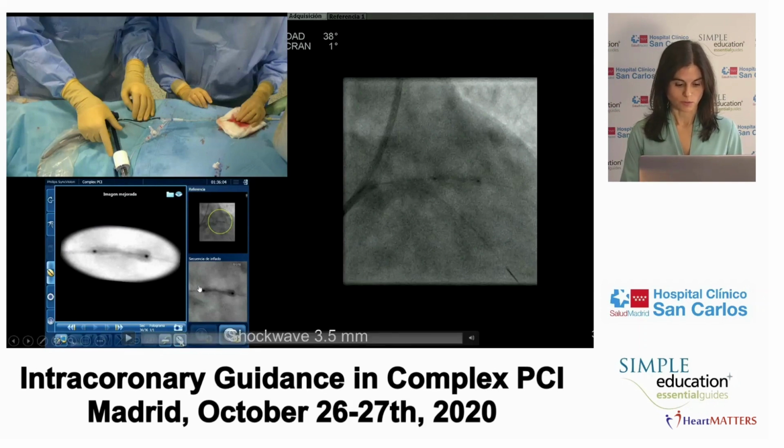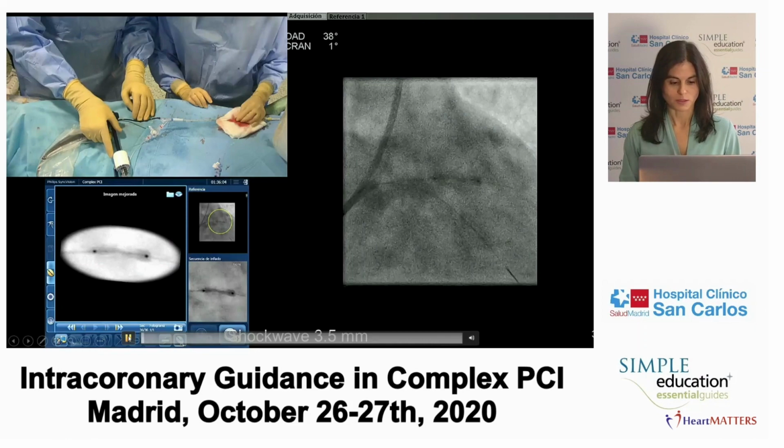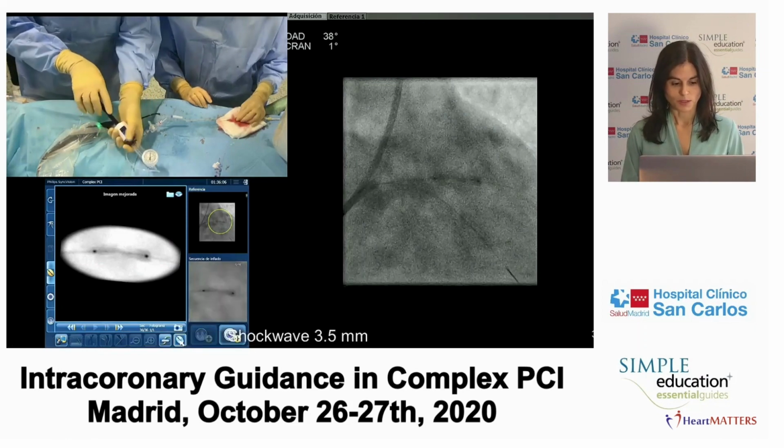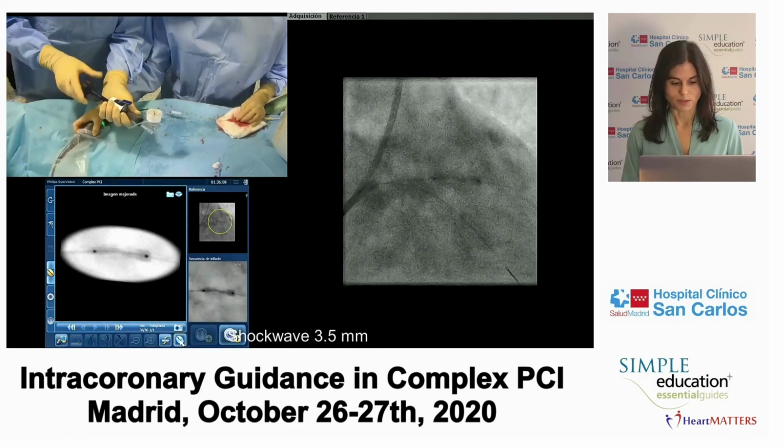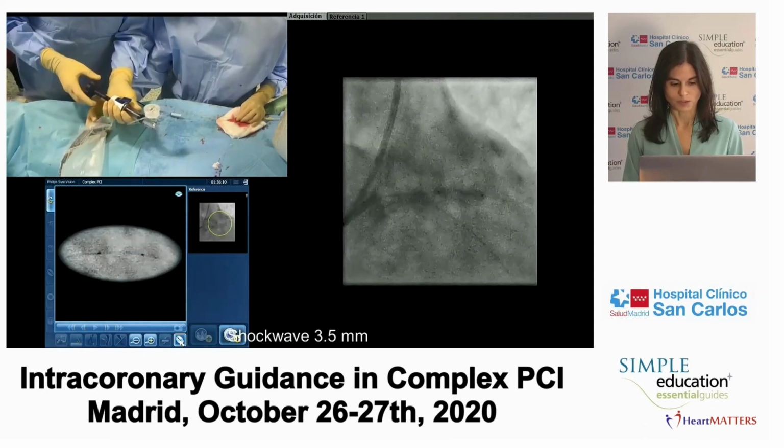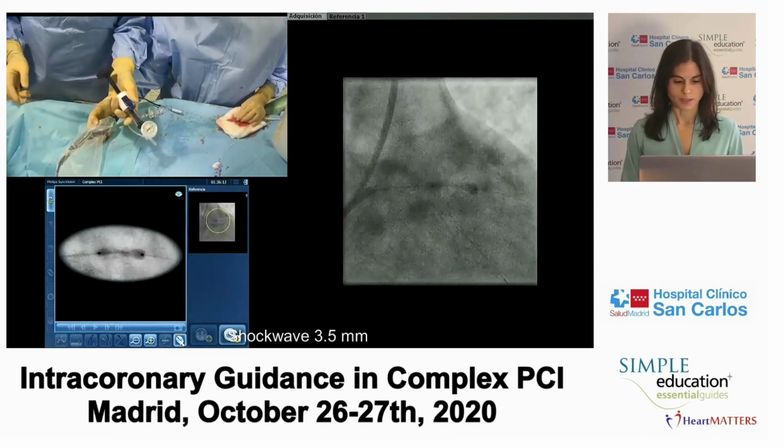You can see here these images. This is a Shockwave balloon 3.5. You can see already in this enhanced image of the balloon how difficult it is for the balloon to expand, but you will see very soon the effect of lithotripsy and how the balloon starts to expand once we start with the pulses. So Javier is going to 4 atmospheres. This is the usual technique with lithotripsy.